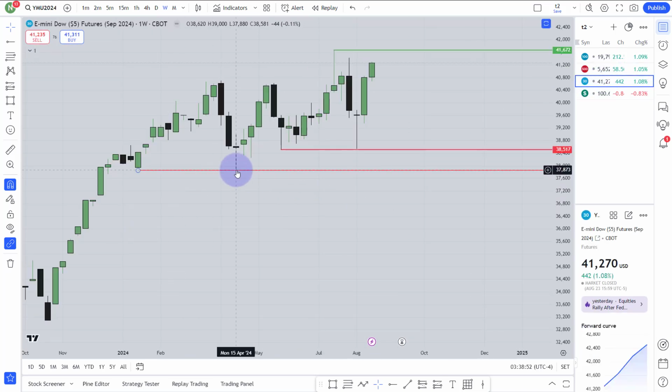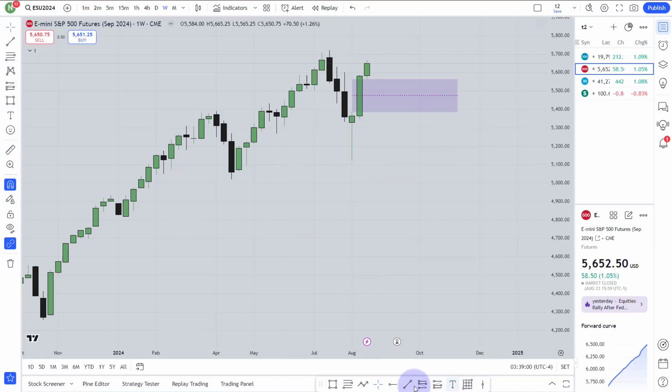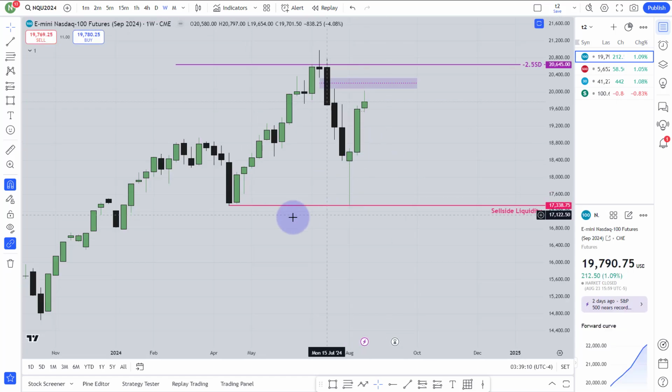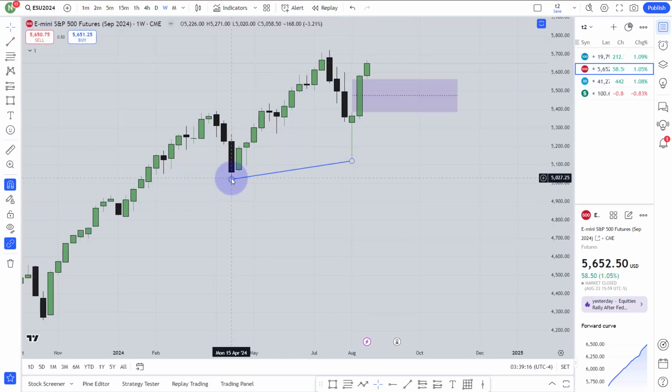But here, this low and that low, there is the empty. That means divergence. So for S&P, divergence. Look here. All of them failed to take that low, but Nasdaq came very near to that low, exactly the same low. Both of the other guys failed to reach until that low.